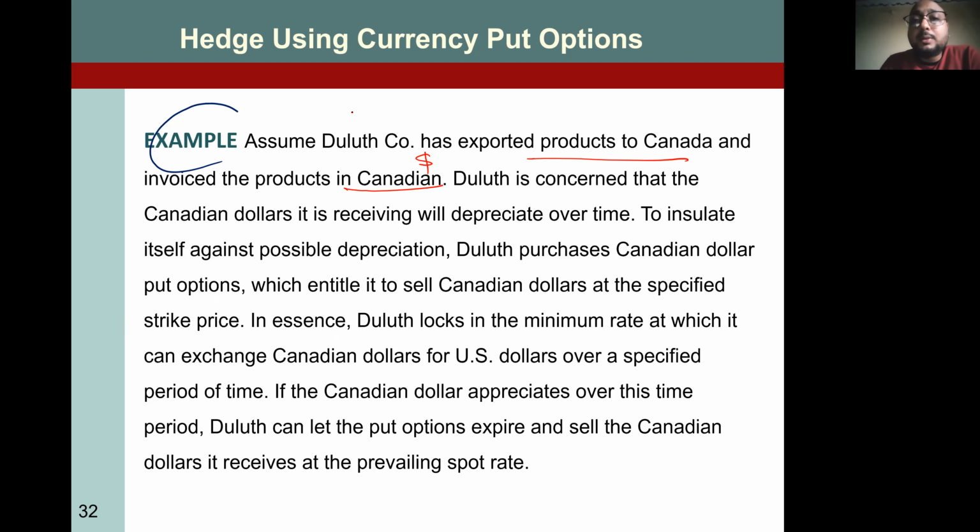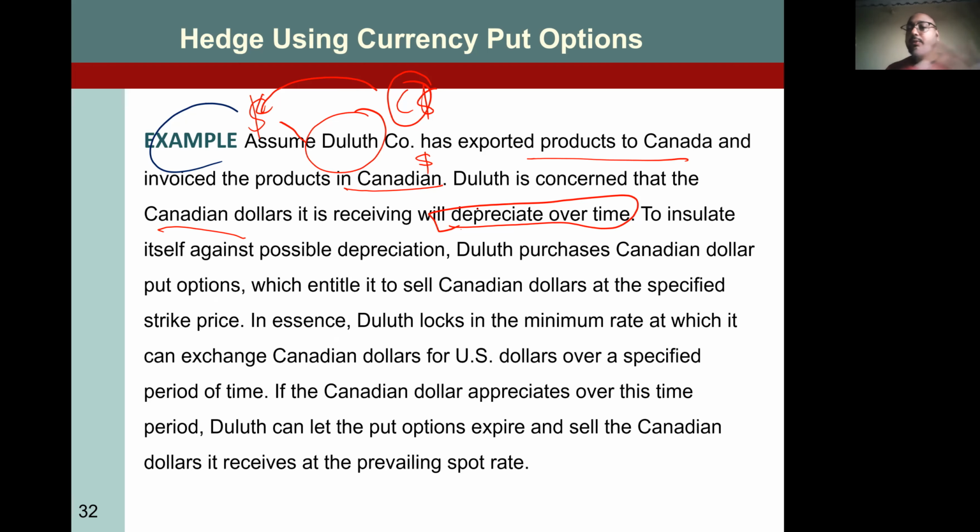So it means Duluth will receive Canadian dollars. And Duluth is a US company, so they have to convert Canadian dollars into US dollars. So Duluth is concerned that the Canadian dollar it is receiving will depreciate over time.